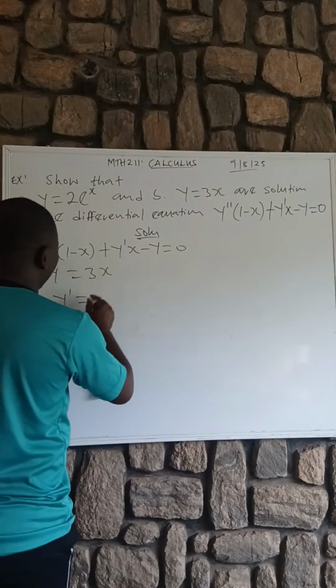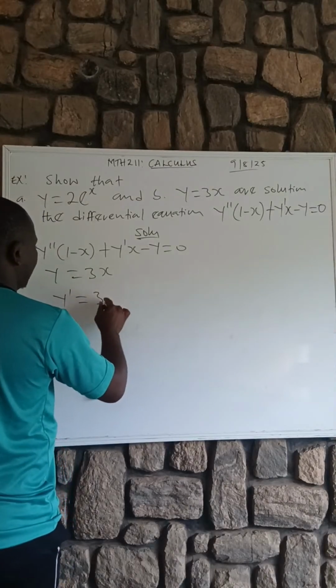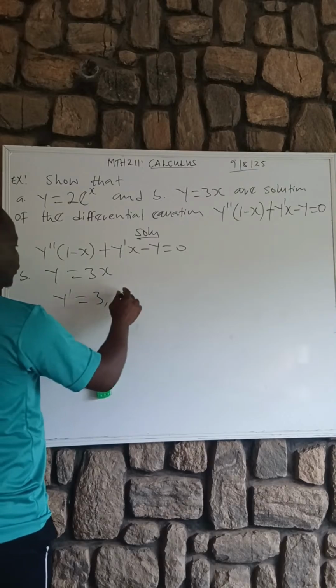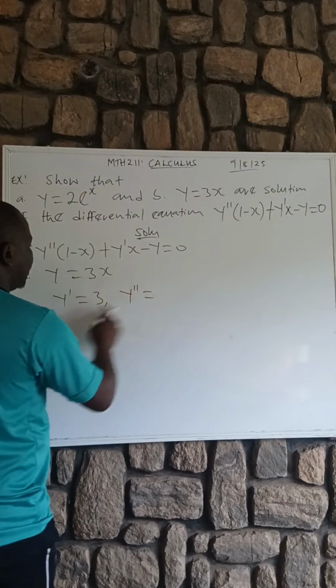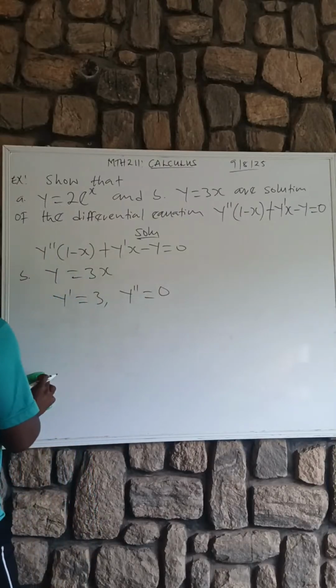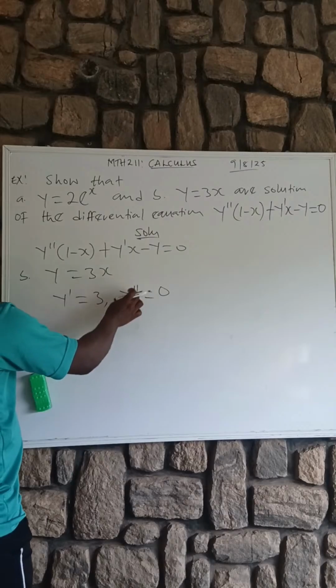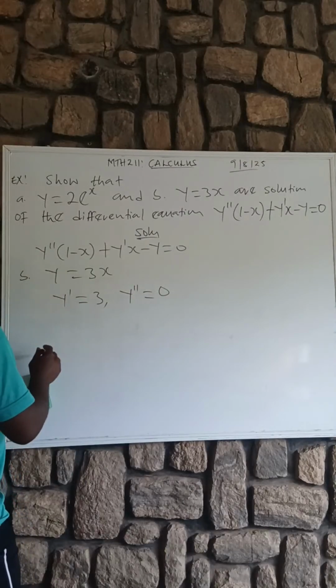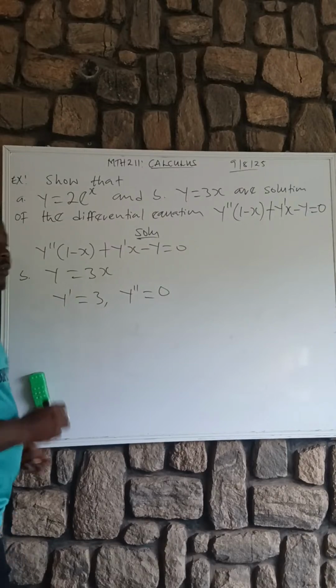You are going to have 3, true or false? Then differentiate y prime to give us y prime prime. We differentiate 3, is it not 0? Yeah, it's 0. So anywhere you see y prime prime, you write 0. Anywhere you see y prime, you write this.